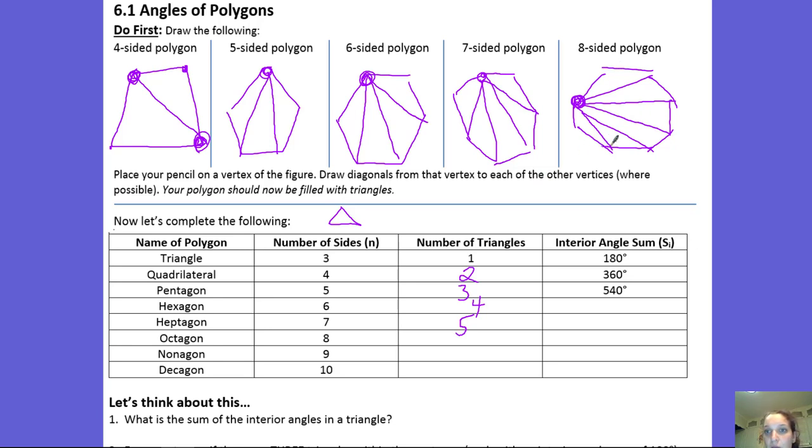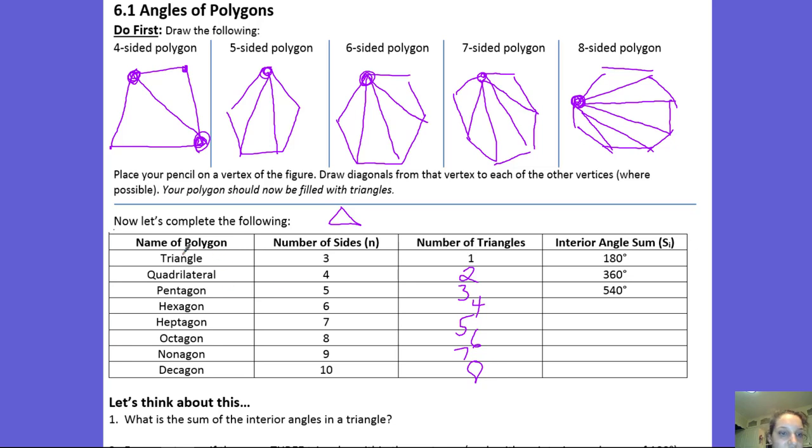And for an eight-sided polygon, which is called an octagon, we could create 6 triangles. So I bet you could predict if you had a nonagon, which is nine sides, how many triangles could you create? You could create 7 triangles. And if you had a decagon, which is what we call a ten-sided figure, you would have 8 triangles.